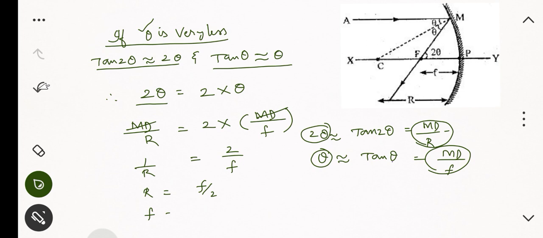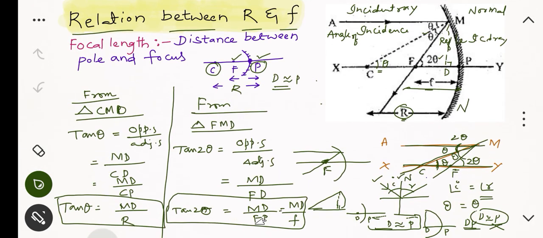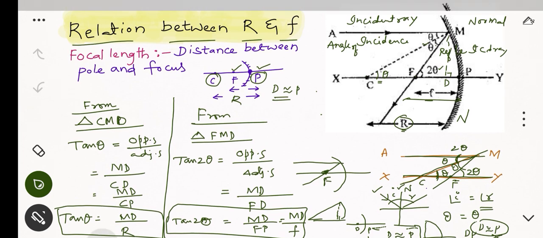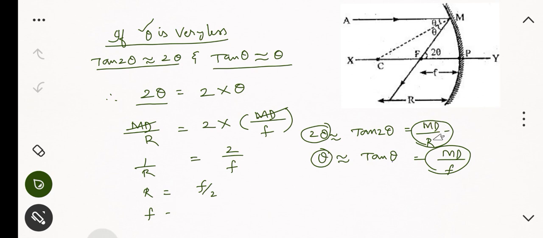Here we have made a small mistake. We know that tan 2 theta is equal to MD by f, and tan theta is equal to MD by R. We have already derived these, but we have taken tan 2 theta as equal to MD by R, which is wrong.